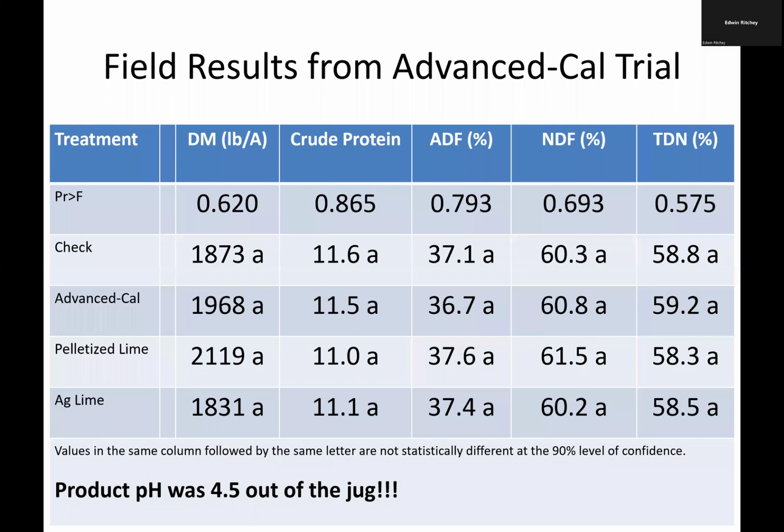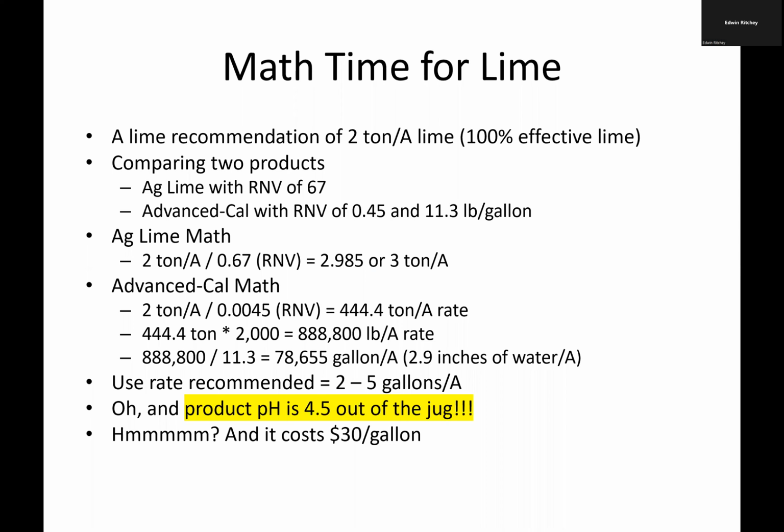I showed you the reaction before. So Advanced Calcium actually had a reported RNV of 0.45. The weight was 11.3 pounds per gallon. If we're looking at a 2 ton per acre rate, our RNV is 67%. It takes roughly 3 tons to get 2 tons of effective lime.